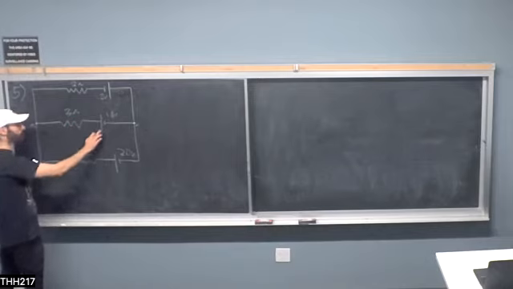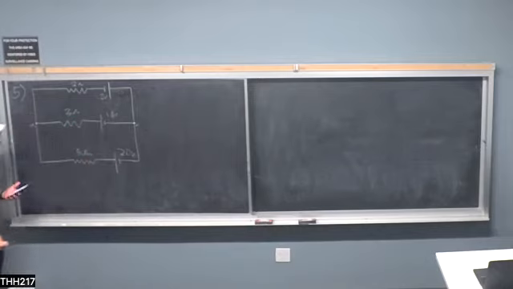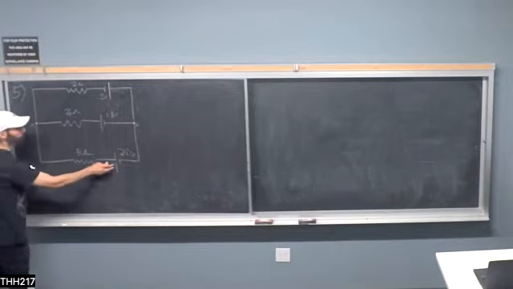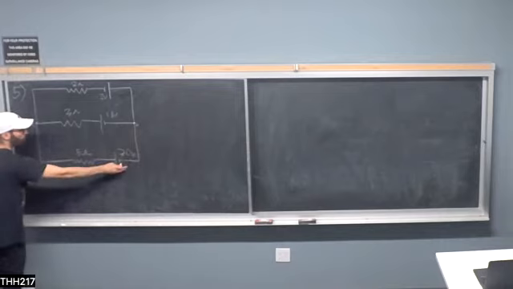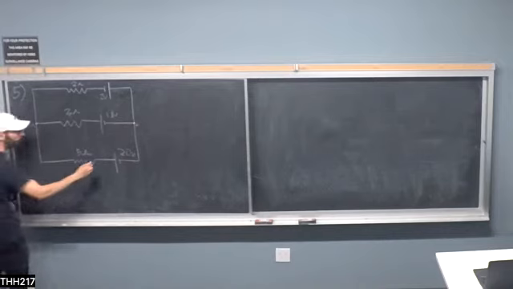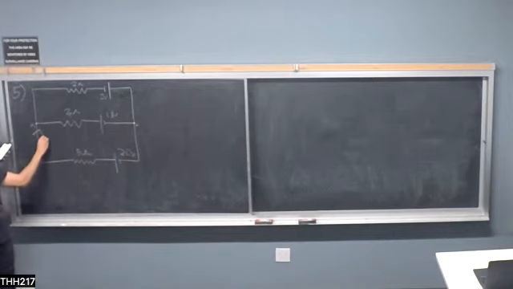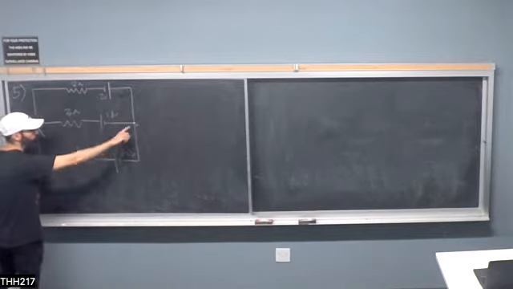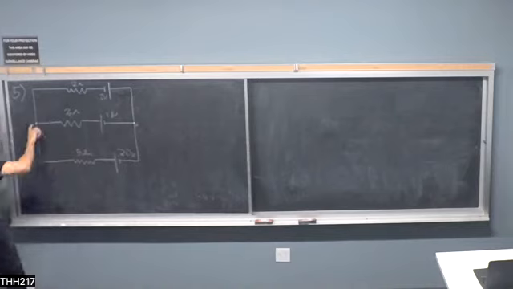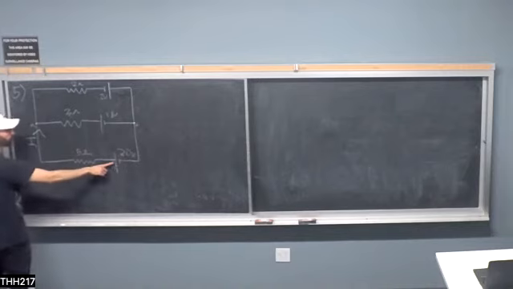The current realistically will travel from minus to plus. So I expect within this bottom portion with this 20-volt battery, starting from this B junction going this way up to that A junction, the current, let's call it I1, will be going clockwise, right? Because that's the minus terminal, that's the plus terminal.